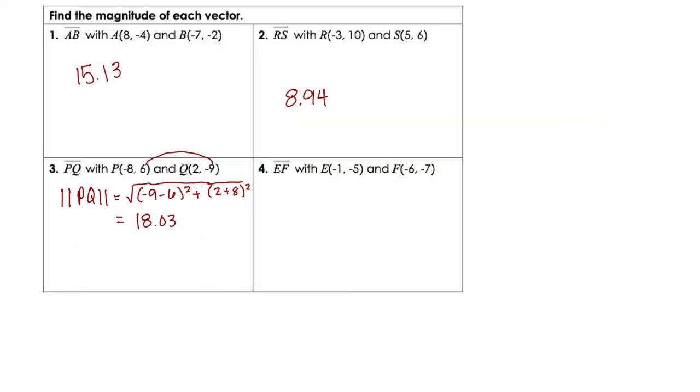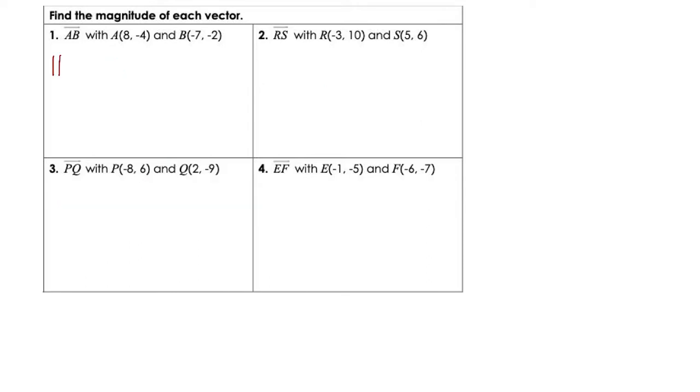Okay. All right, so I think we went through number 1 and maybe number 2 about the vector. Just a quick little review: we said that the magnitude of AB could be found by taking the square root of -7 minus 8 all squared, plus -2 minus -4, so -2 plus 4, all squared.